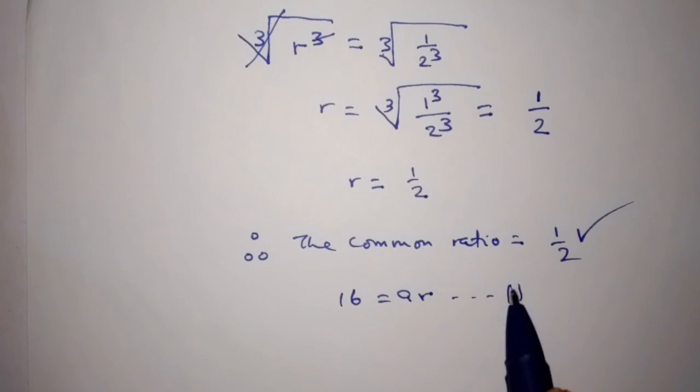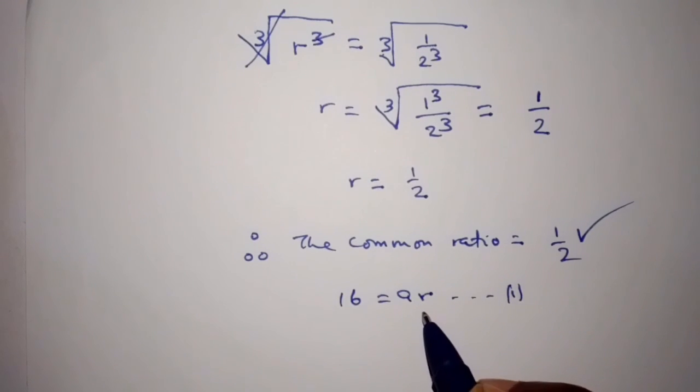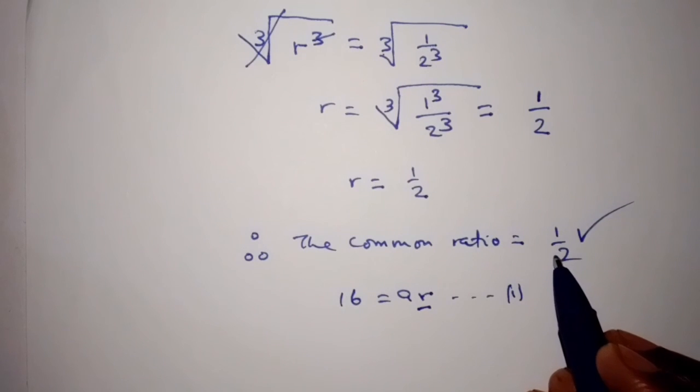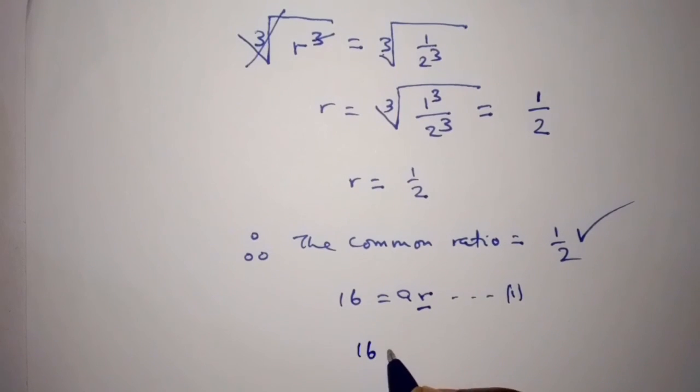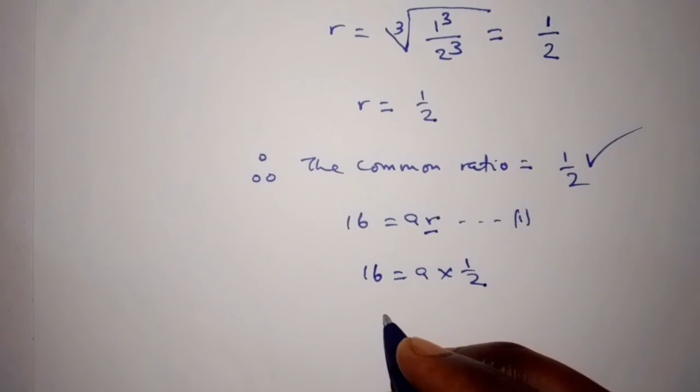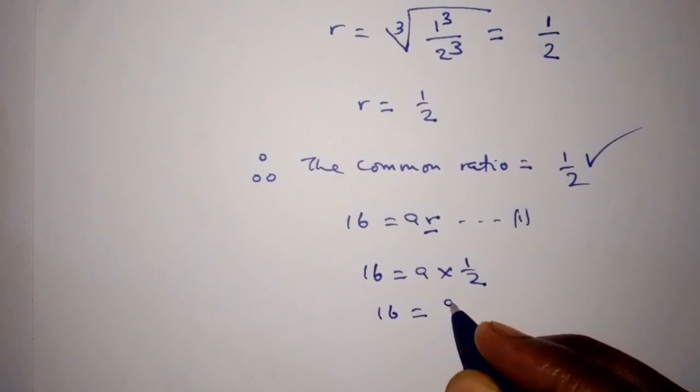So we can carry out the substitutions now that we have found r to be 1 over 2. We can say that 16 is equal to a times 1 over 2. 16 is equal to a over 2.